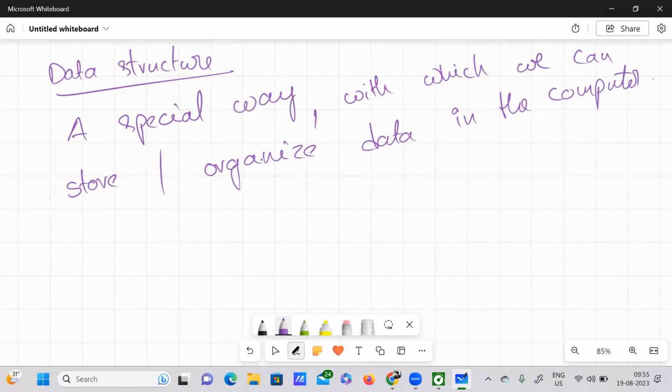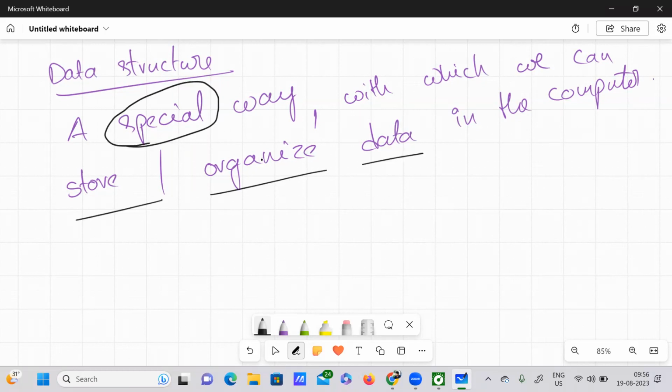Okay. So this is the definition for a data structure. It's a special way of organizing and storing data in our computer.